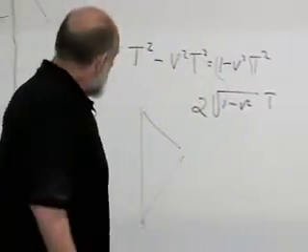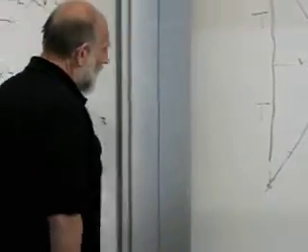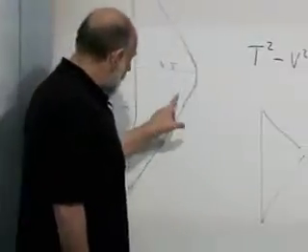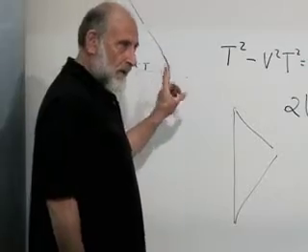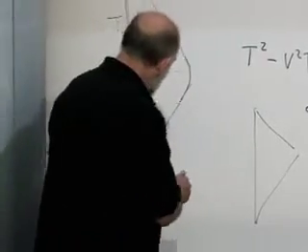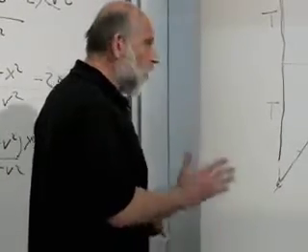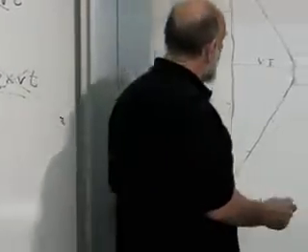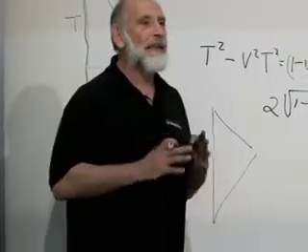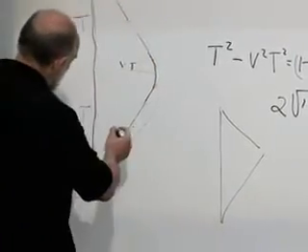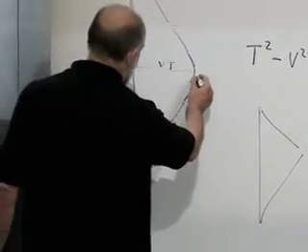Okay? So the assumption is that the clocks tick off proper time. That's an assumption, that good, faithful, small clocks, which are very well built and built to withstand acceleration, simply tick off proper time.